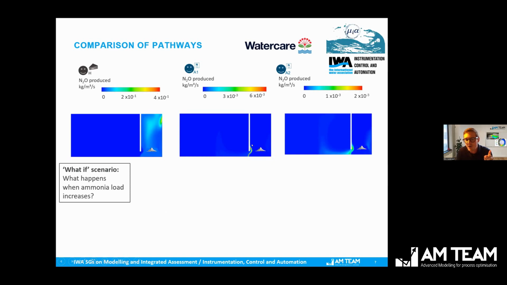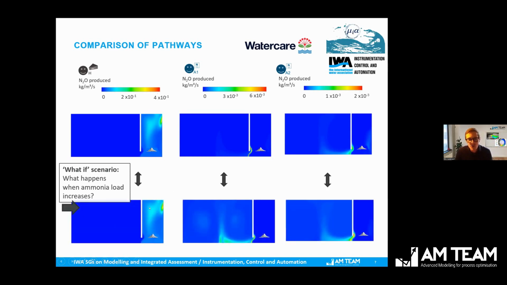So these 2 pathways are actually activated here. And then if you would do a scenario, for example, you increase your ammonia, which often happens, you see things shifting, not so much for the heterotrophs, but the impact on the production of the autotrophs, this pattern is now quite different. Why? Because, of course, the ammonia gets deeper into the aerobic zone now.